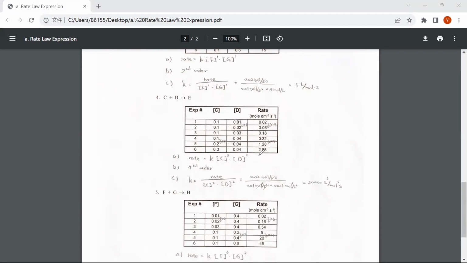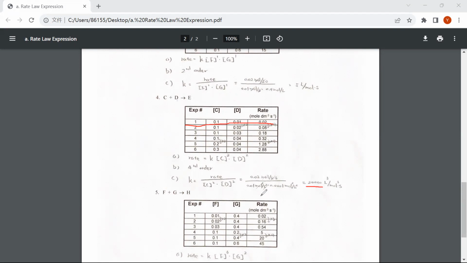And follow a similar process. We take the rate divided by the concentration of C to the power of 2 times the concentration of D also to the power of 2. And we plug in the values of the first experiment and it gives us the final answer of 20,000.